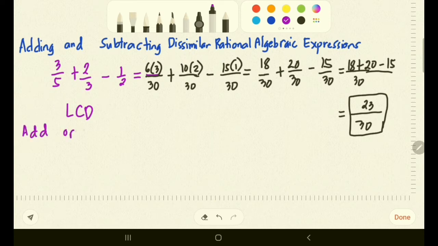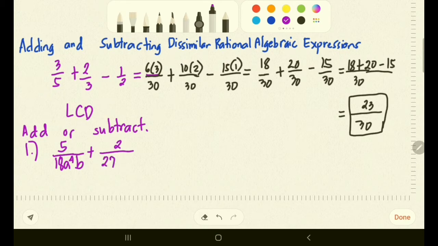Add or subtract: 5 over 18a to the power of 4b plus 2 over 27a cubed b squared c.